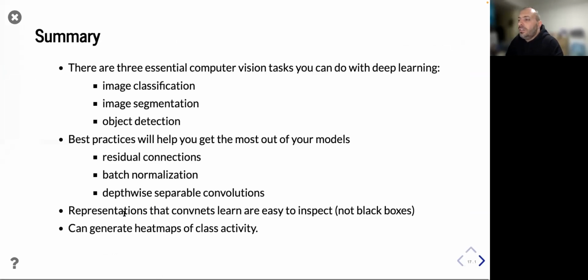So that would be more or less for this chapter, for this session. Let's summarize. First of all, we saw the essential computer vision tasks, three main categories: image classification, image segmentation, and object detection. Each one of them with specific uses, as we saw in real life. We also saw some best practices that will help us go deeper.